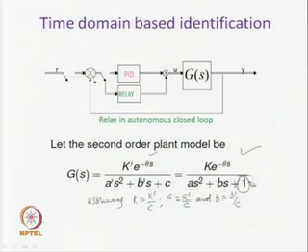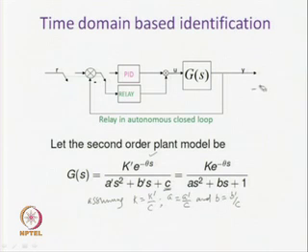Now, with various values of c, if I choose c equal to 0, then what happens? Then this term of the denominator will be 0, resulting in a transfer function model known as an integrating model, the transfer function for an integrating process.